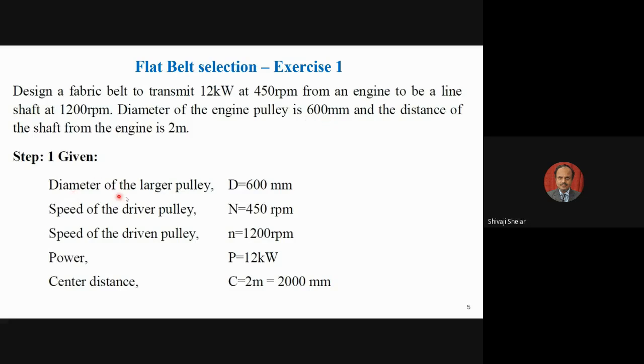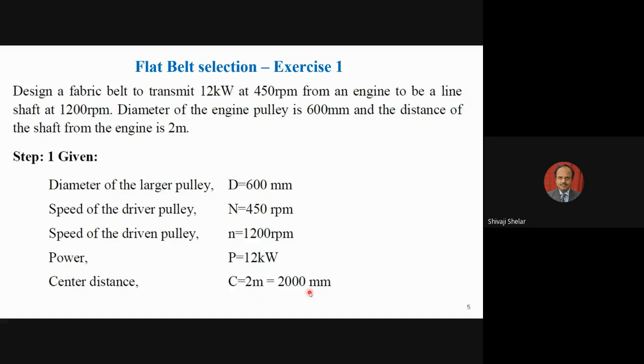The diameter of the larger pulley is capital D equal to 600 mm. The speed of your driver pulley is 450 RPM. The speed of your driven pulley is 1200 RPM. The power to be transmitted is 12 kilowatts, and the center distance is 2 meters or 2000 millimeters.